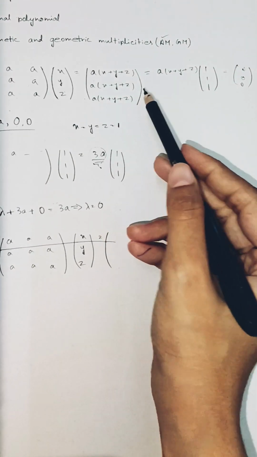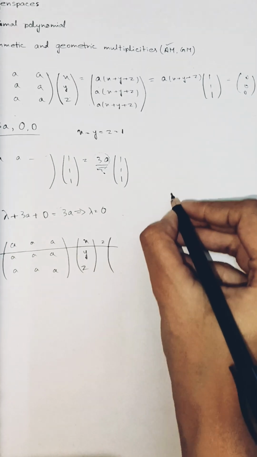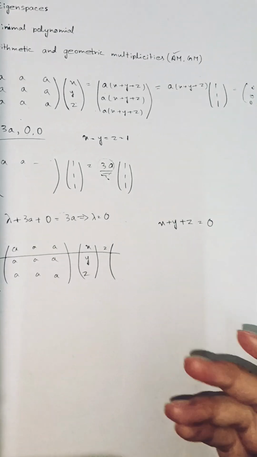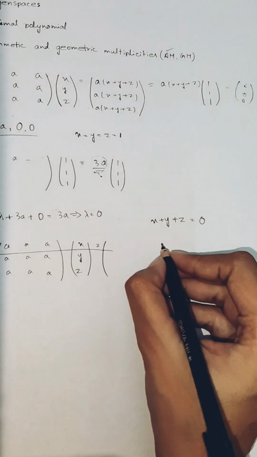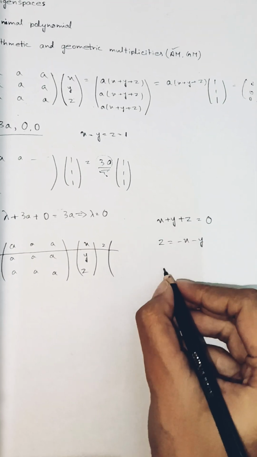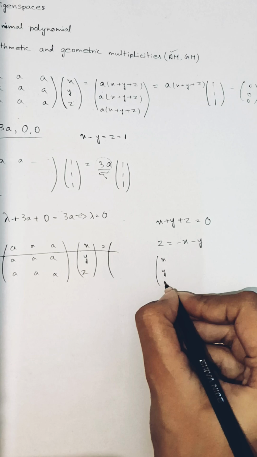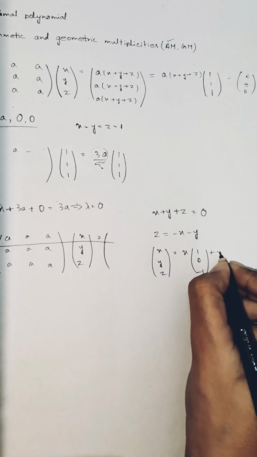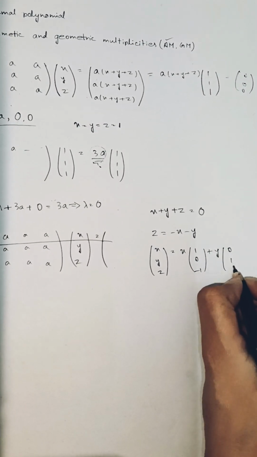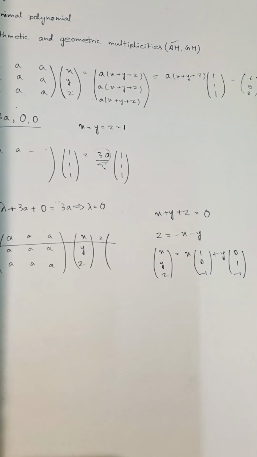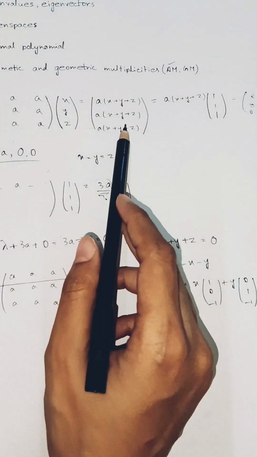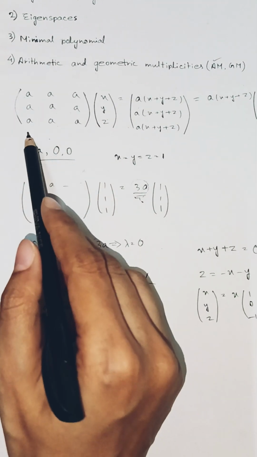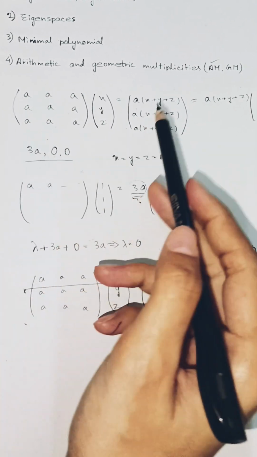From this whole system, we can have only one equation, which will be x plus y plus z is equal to 0, provided a is not equal to 0. So z can be written as minus x minus y, and that is why x, y, z can be written as x into 1, 0, minus 1 plus y into 0, 1, minus 1. So now the system of equations reduces to only a single equation because of the properties of this matrix, because all the entries are same.